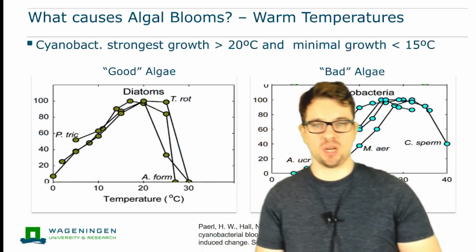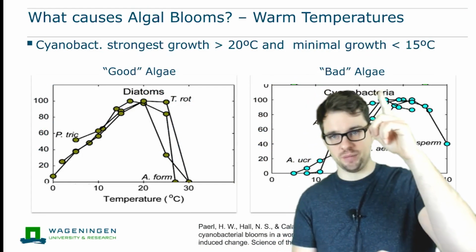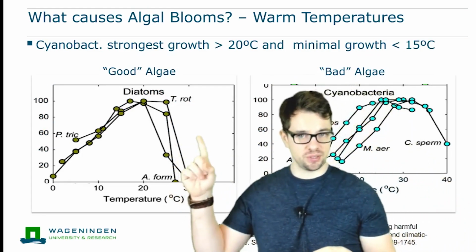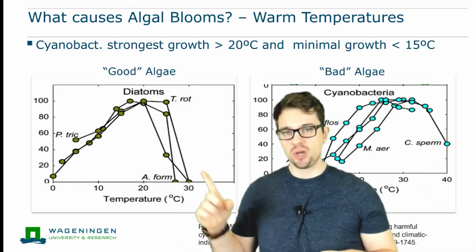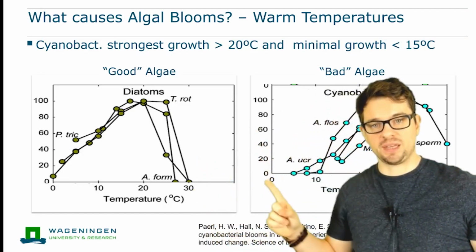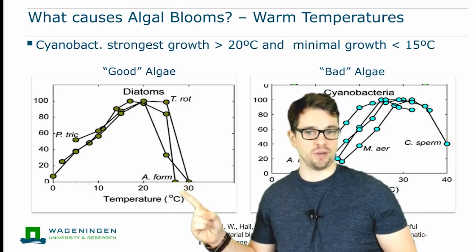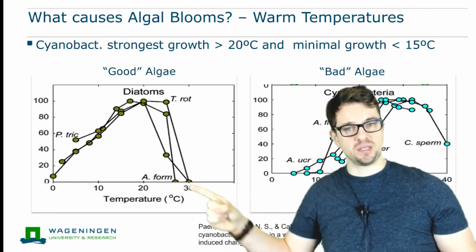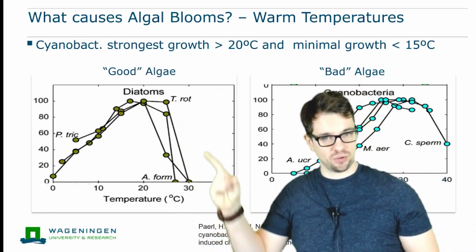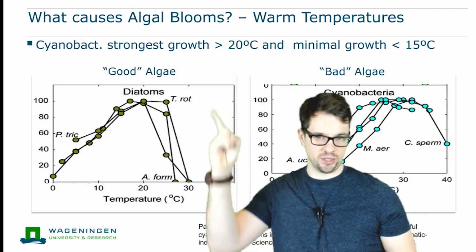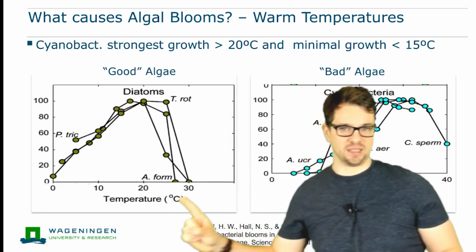So what causes algal blooms? The first one is warm temperatures. We have here two comparisons of good algae and bad algae. Good algae like diatoms basically like not particularly warm water. If you look here at 20 degrees to 25 degrees, the diatoms are still making up a large fraction of this biomass, as it is on the y-axis, while the temperature is on the x-axis.